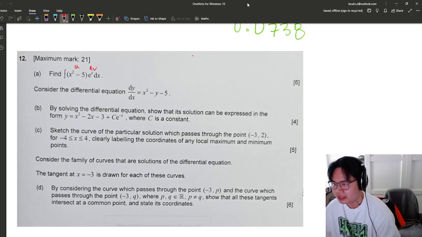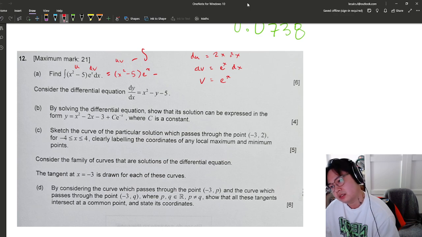So that means du is 2x dx. dV is e^x dx, so V is e^x. Okay, so this is equal to U times V minus the integral of V times du.